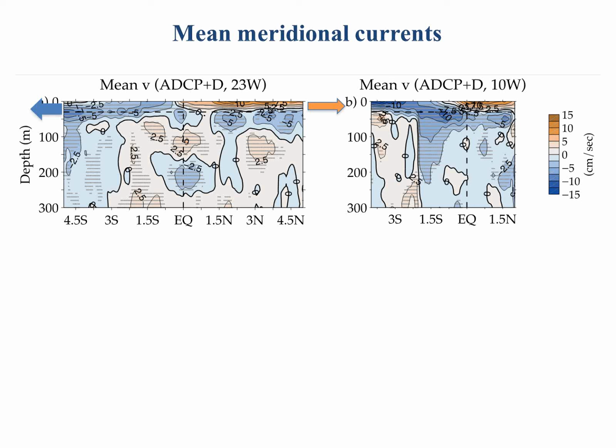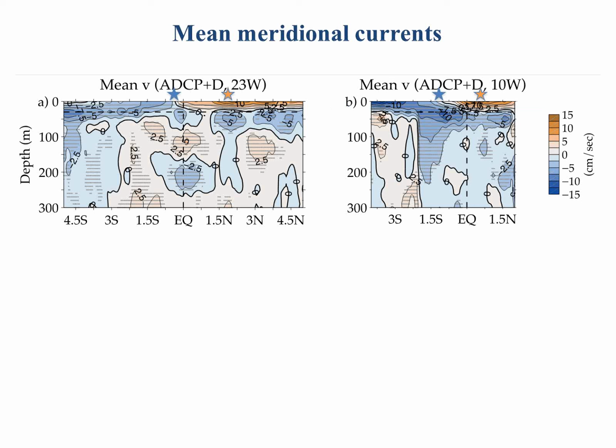Now, if we look at the same thing at 10 west, it's more symmetric, but the thickness of the cells has deepened slightly. But you have the same pattern: northward flow and southward flow. The transition between the northward and southward flow isn't located at the equator.